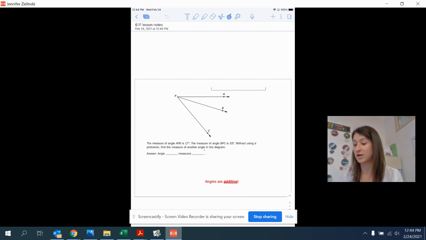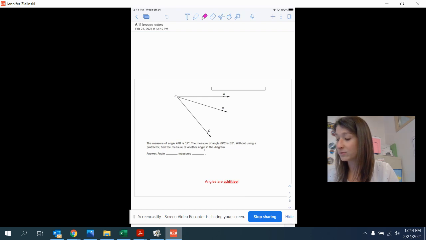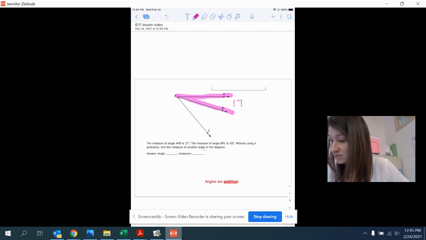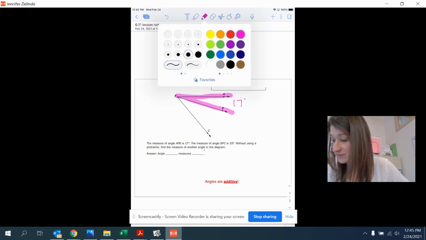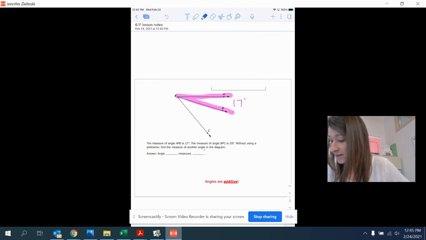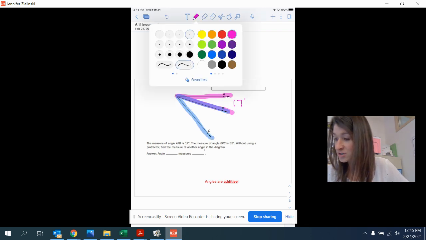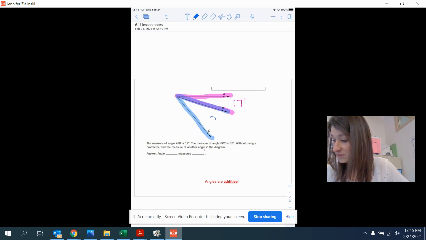So let's really dissect what we're looking at. The measure of angle APB is 17 degrees. Now let's use a different color, looking at the measure of BPC, and that angle measure is 33 degrees.